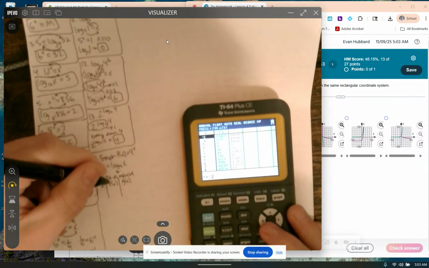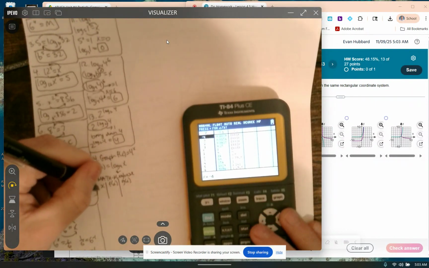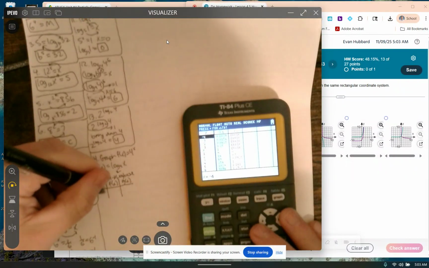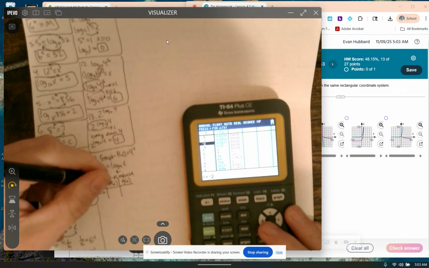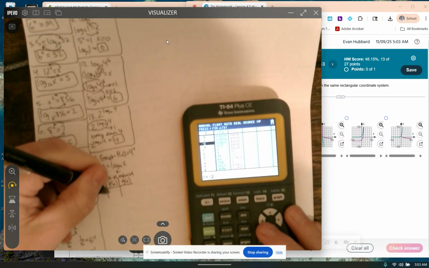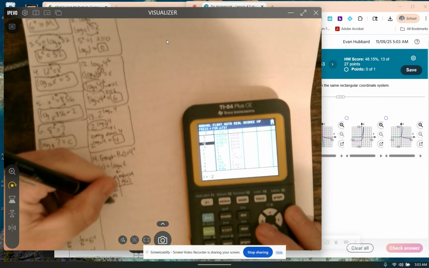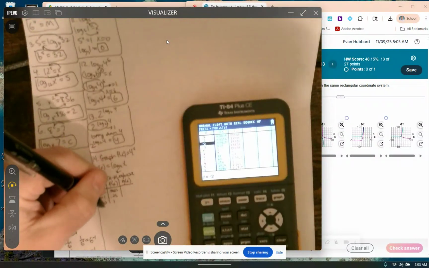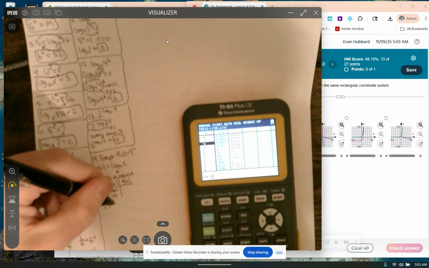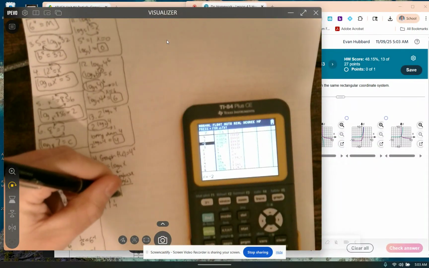So when x is -2, f of x is 0.0625. For -1, it's 0.25. For 0, it's 1. When it's 1, it's going to be 4 and 0.